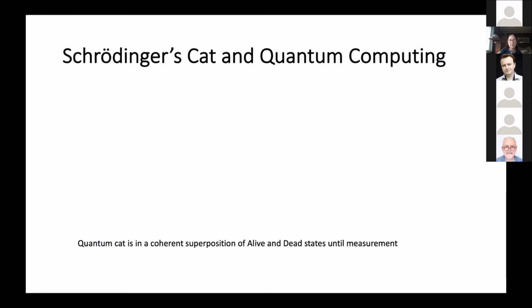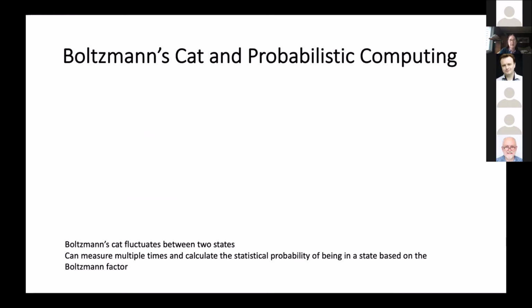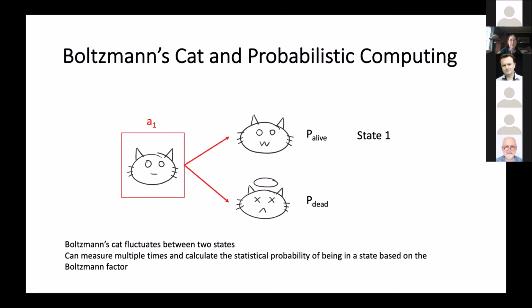And since we all like Schrödinger's cat to explain probabilities, we can think about quantum computing where you've got Schrödinger's cat in a superposition of an alive and a dead state, and you don't really know until you measure. And if you measure, you destroy that coherence. In contrast, say Boltzmann has a cat too, and Boltzmann likes probabilistic computing.